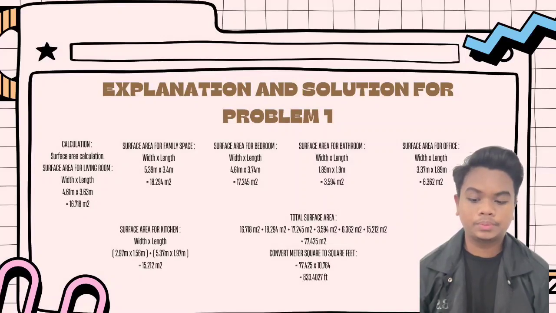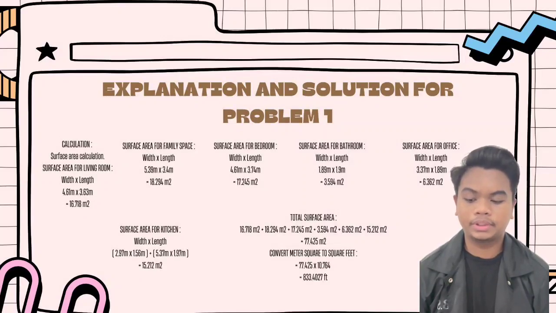And for bathroom, 1.98 meters times 1.9 meters, we get 3.594 meters square. And for office, we also use width times length, 3.37 meters and 1.89 meters, so we get 6.362 meters square.